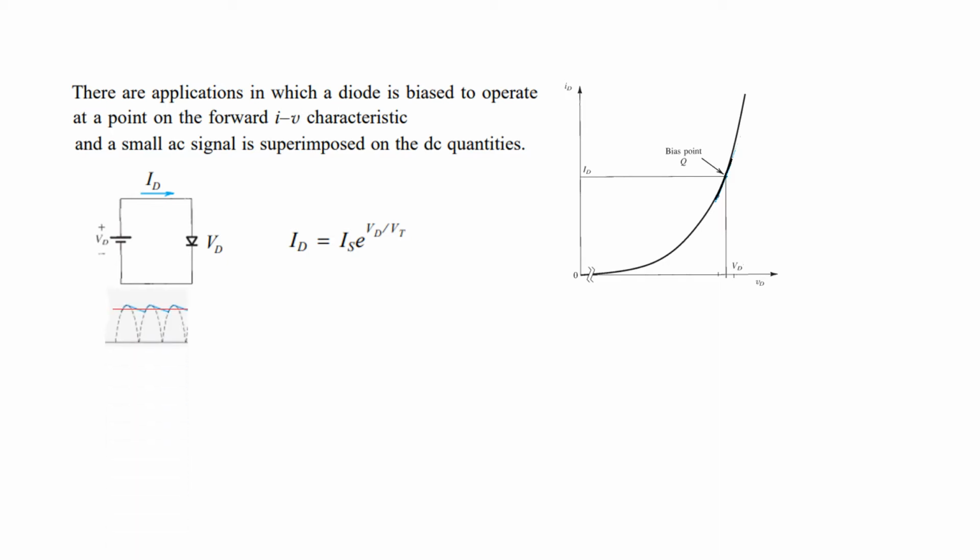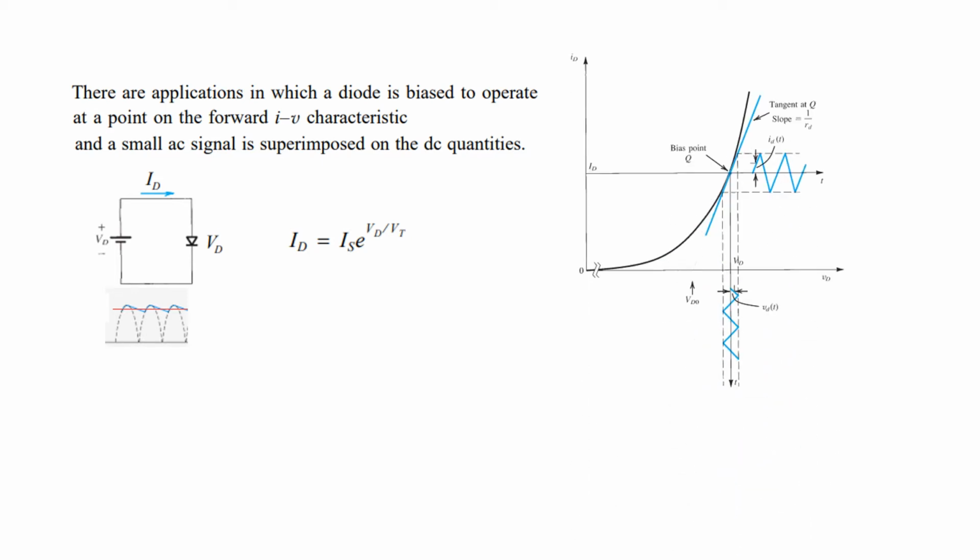Now what will happen if instead of a battery we use a rectifier circuit to generate this voltage? Then, as you know, the rectifier's output has ripples, so these variations are ripples. And how do we take care of these? For this, we'll now move into this diagram.